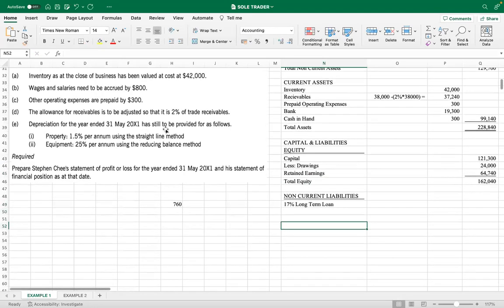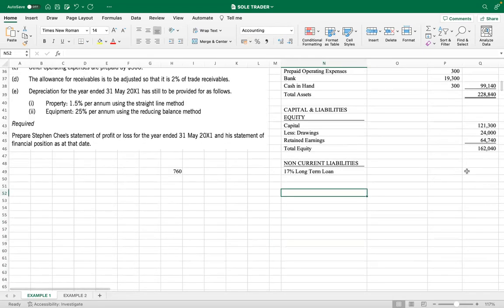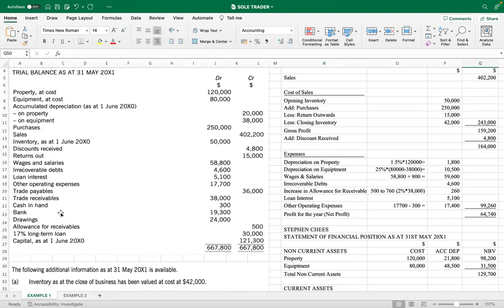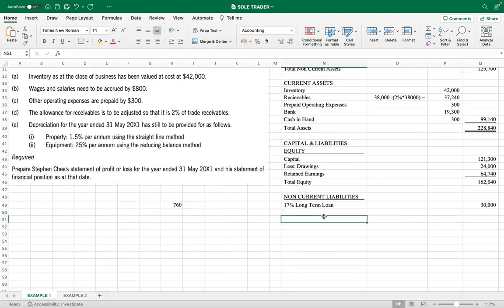If it's only one non-current liability, you just post it in the last column. So we've accounted for that. Next, we go to current liabilities finally.